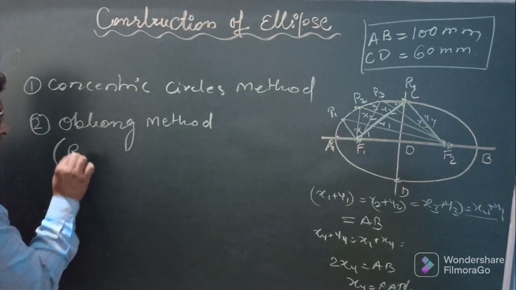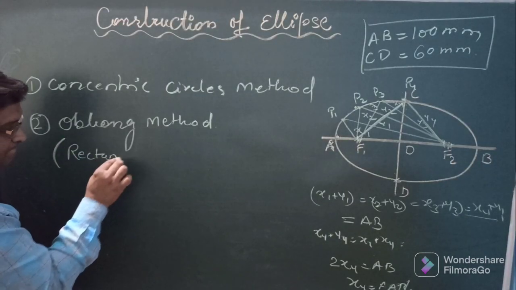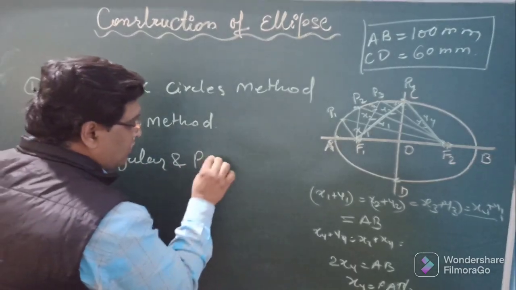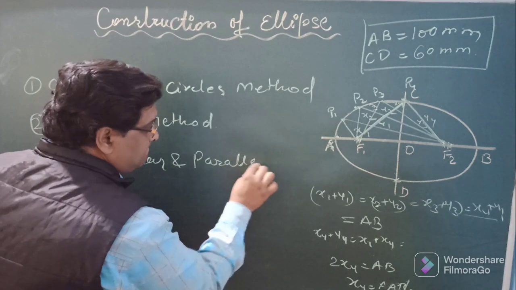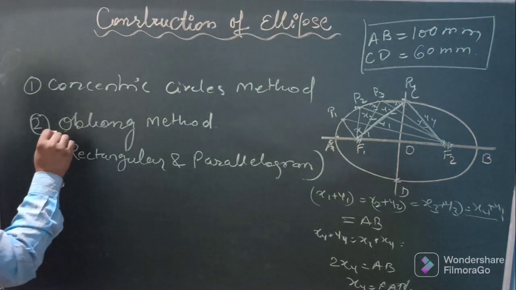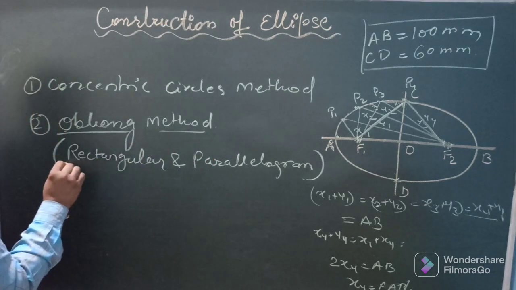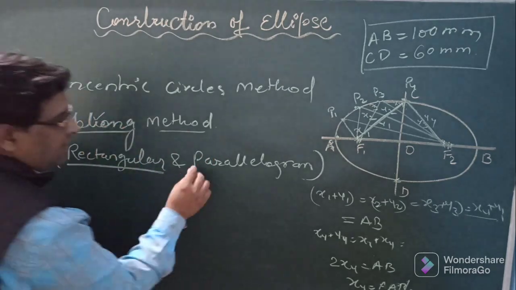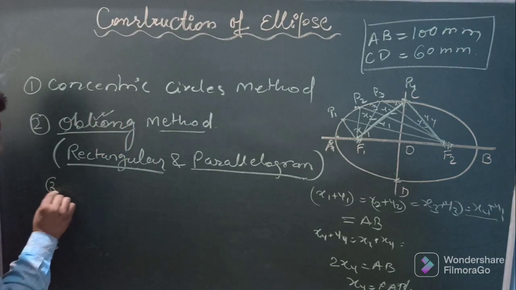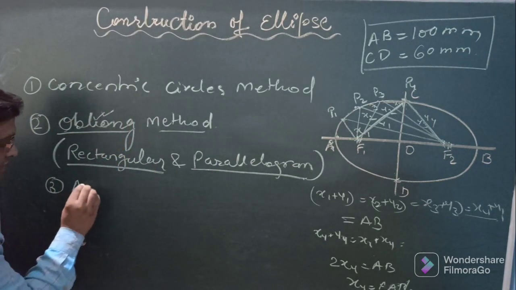One is the rectangular oblong method and the second one is the parallelogram oblong method. So in the oblong method we have either the rectangular oblong method or the parallelogram oblong method. And the third method is the arcs of circle method.